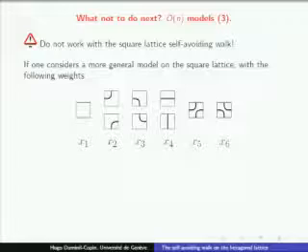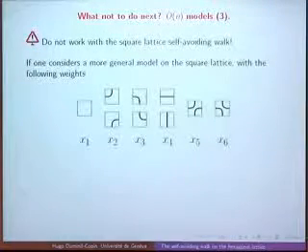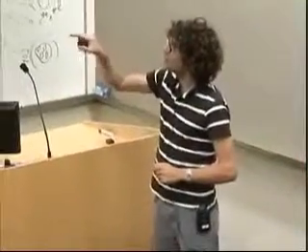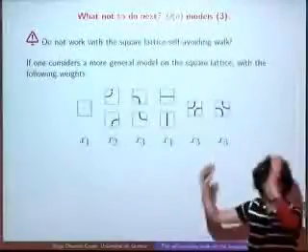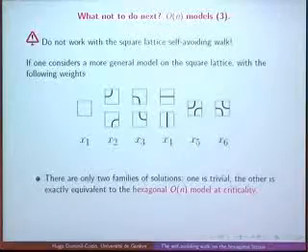Okay, and so just to finish, a few slides: what you cannot do is work with the square lattice, because I know that I will get this question. So no. And the reason why is, let's take even more latitude and allow ourselves much more, like putting fancy weights everywhere. There are only two families of solutions where you can find a parafermionic observable.